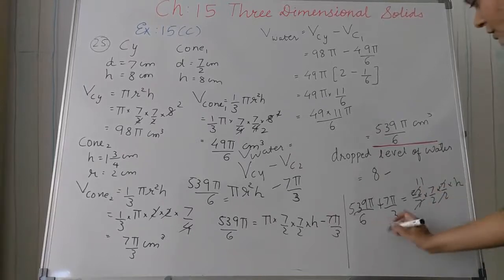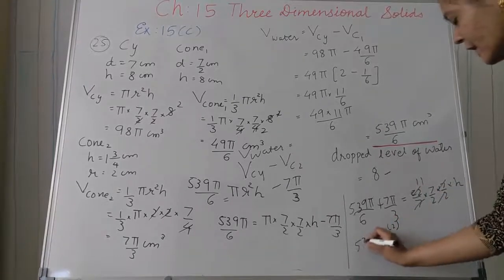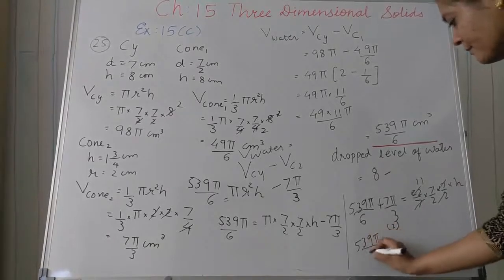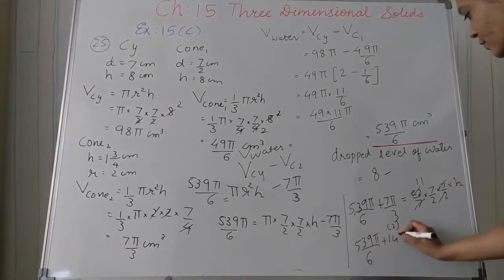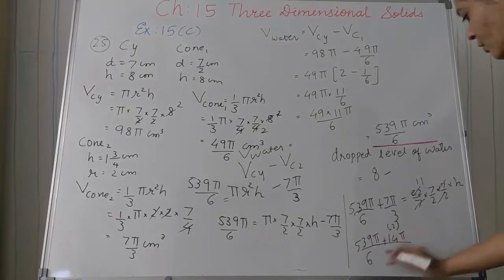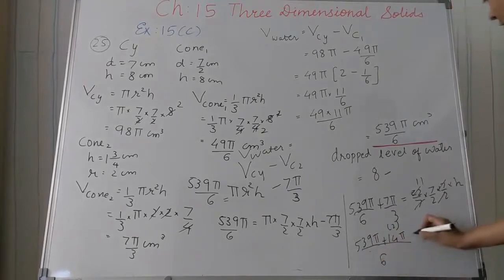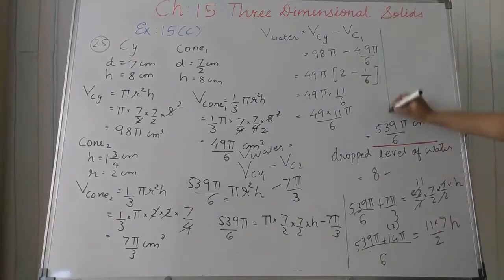Now this is how we calculate: 539 pi by 6 plus 7 2s are 14 pi, this whole under 6 is equal to 11 into 7 by 2 h. So I write it down here.